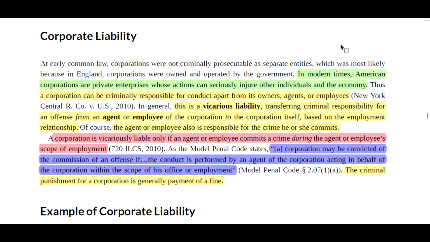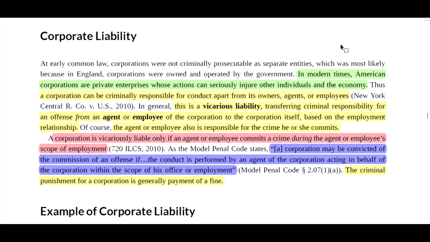So if for whatever reason in this class you decide you want to go to law school and be a corporate lawyer, great, you're going to know a lot about this. But the idea here is that corporations can be criminally responsible for conduct.